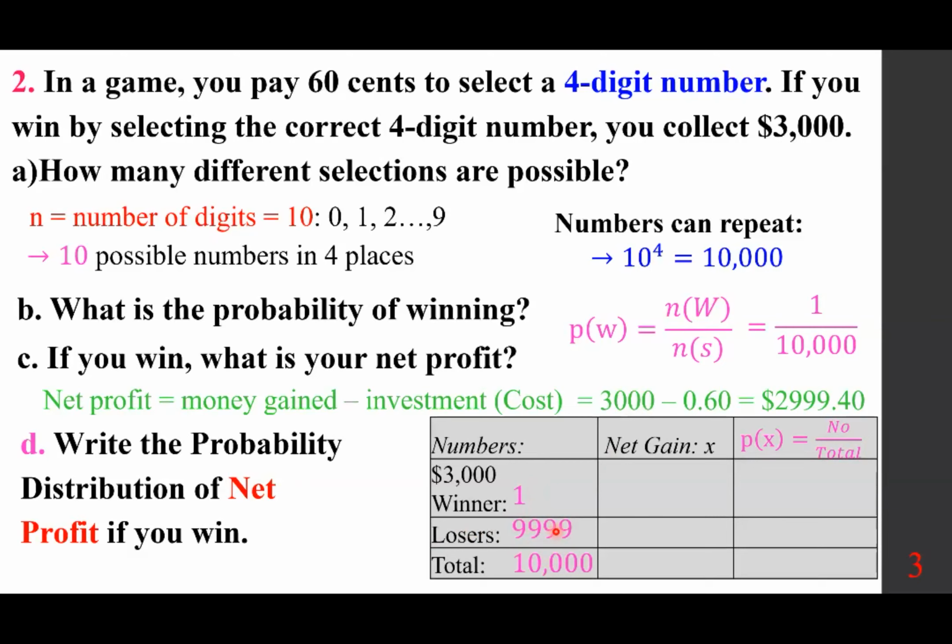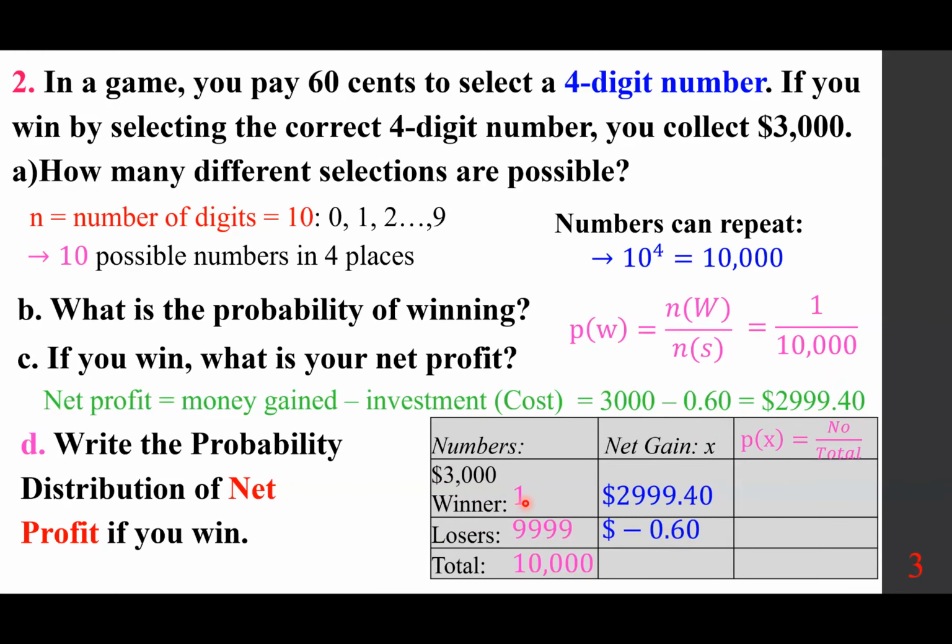What is the net gain? For the winner, the net gain is this number that we calculated. For everybody else it is negative 0.6. And that's extremely important to pay attention to. That's the negative sign, okay? Everybody loses 60 cents. That's the bottom line.